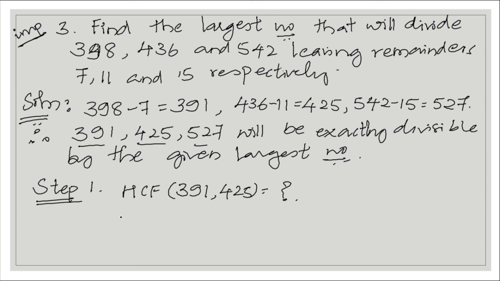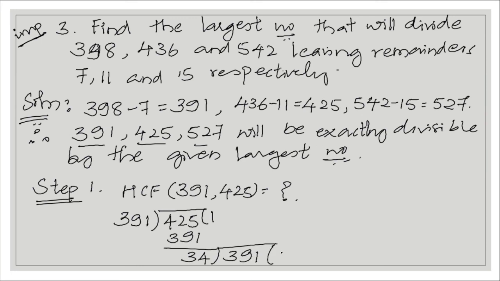So let us do that. Step 1. 391 divides 425 one time, it is 391, and the remainder will be 34. Now 34 divides 391 11 times.